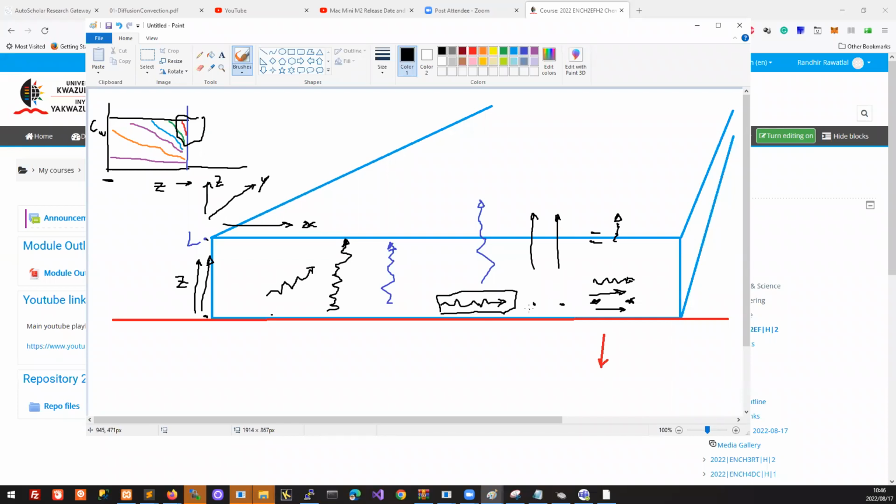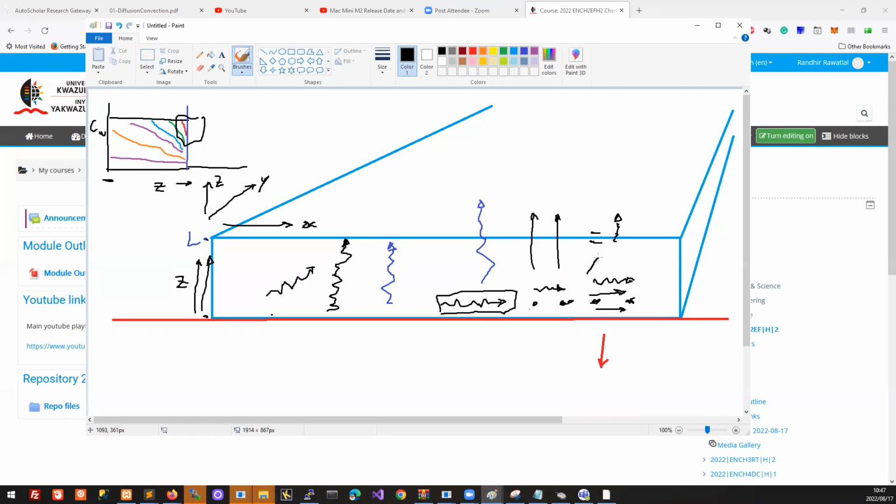So in the X direction, there's no difference. It's going to change from 100 to 80, but in the X direction, both these are 80. So this is still a net zero in this direction.